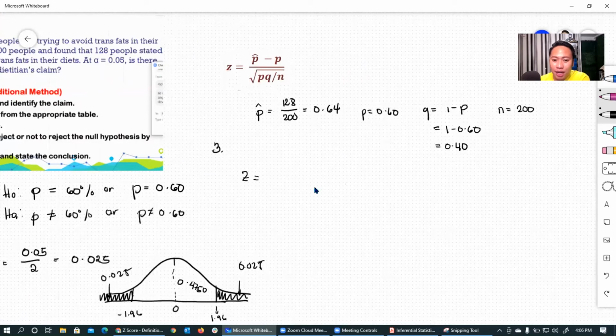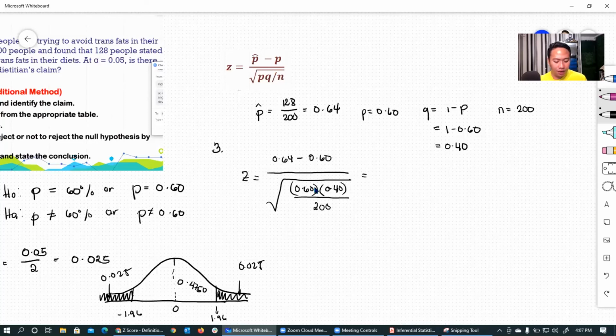So let's substitute the values to solve for Z. Z is equal to p hat, which is 0.64, minus P, which is 0.60, over the square root of 0.60 times Q, which is 0.40, over N, which is 200.